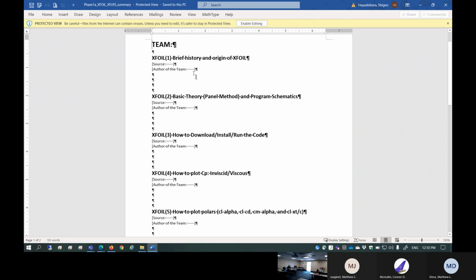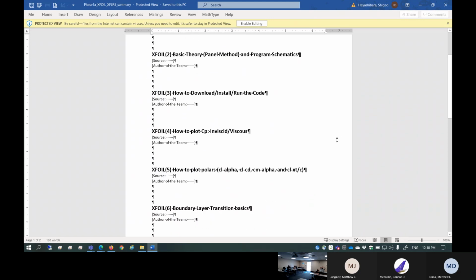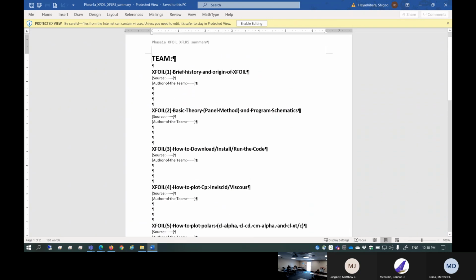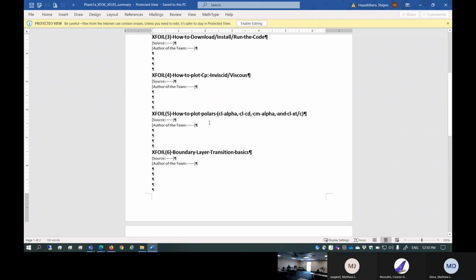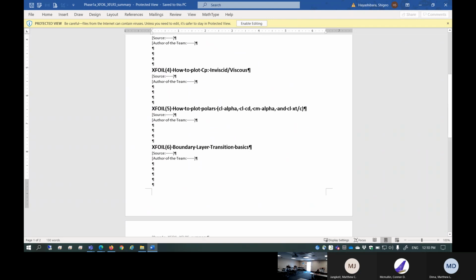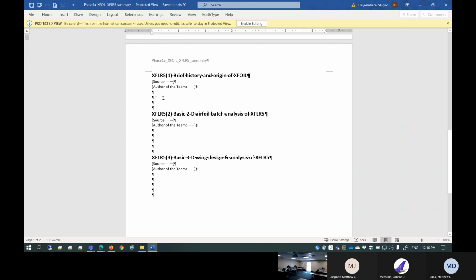Now, as you do Xfoil, because Xfoil is actually not the software you use, Xfoil is the basis of Xprior 5, I don't need that much detail here. You just summarize what it is and try to understand and share the information with the rest of the team. Xprior 5, as you actually run it, I would recommend you take a screenshot, cut and paste, and drag it into this document so that each team member can use this document to run it.